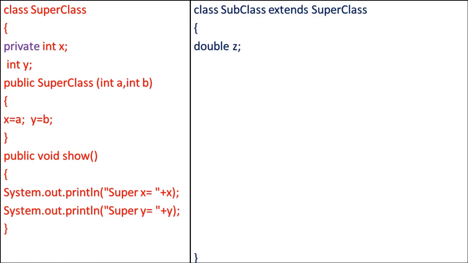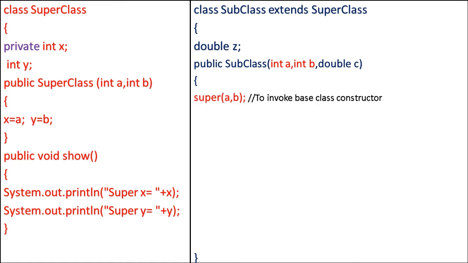Now I am going to define a class subclass, which extends or inherits superclass. That class is also having its own variable z. Now how to define the constructor, I told you we have to list all the parameters. So first two integers are for the superclass and one double c we are taking for this double z. The first statement should be super, so super(a, b) will invoke the base class constructor.